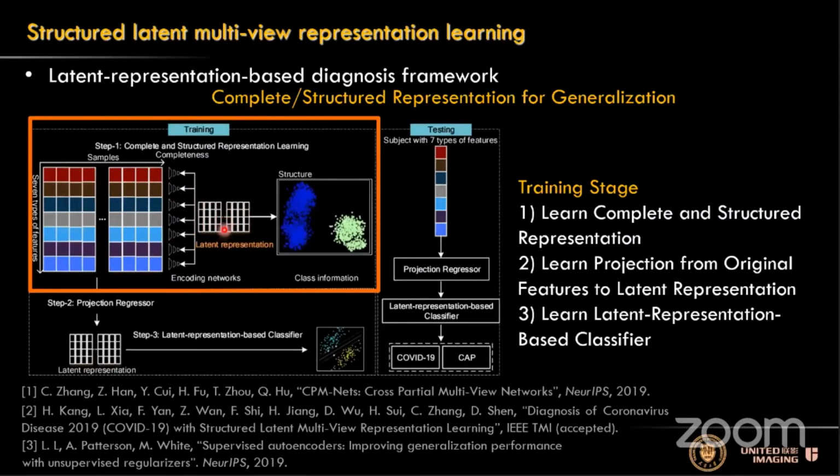Then, if the latent representation can degrade through each network to a type of feature, then the information from this type of feature will be encoded into our latent representation. So we call it a complete latent representation.